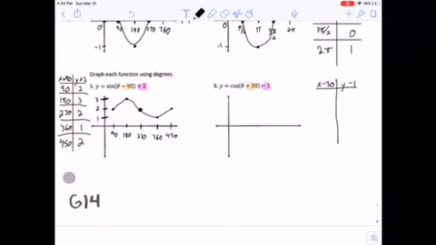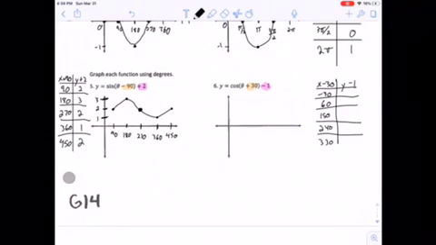And so here we go. 0 minus 30 gets us at -30. Then 90 minus 30 is 60. 180 minus 30 is 150. 270 minus 30 is 240. And 360 minus 30 is 330.